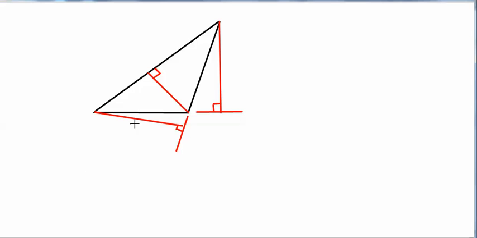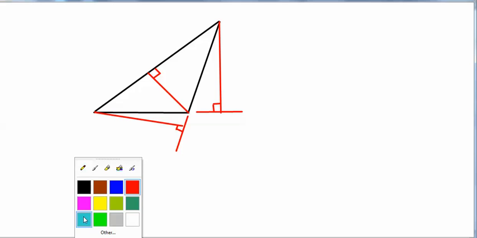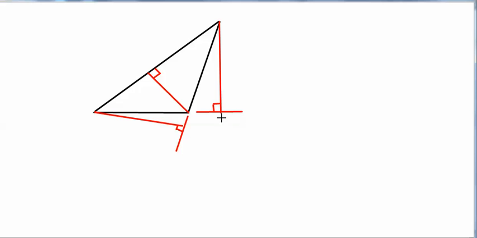Alright, now these three red segments here, where are they going to intersect? At the orthocenter. Where's that orthocenter going to be? It's going to be down here somewhere, isn't it? Extend this, extend this, and extend. Oops.